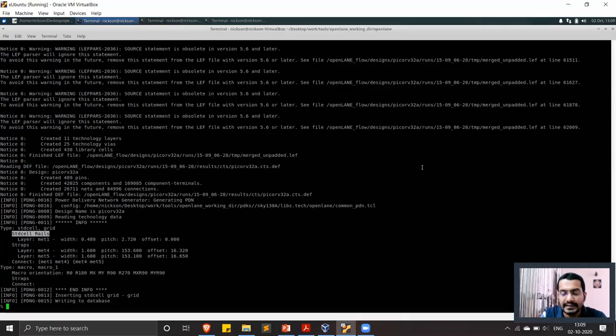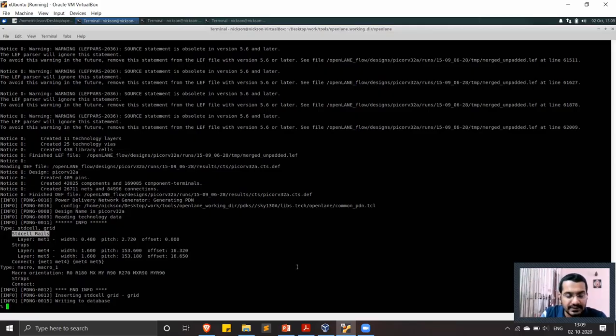It will get the power from the VDD and the ground pads. From the pads, this power goes to the straps, and from the straps it drills down to the standard cell rails.